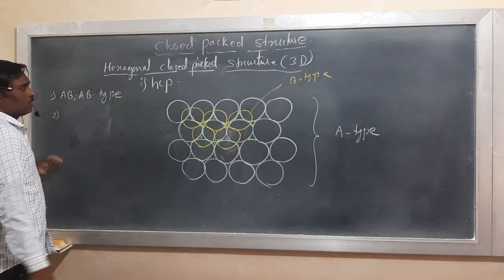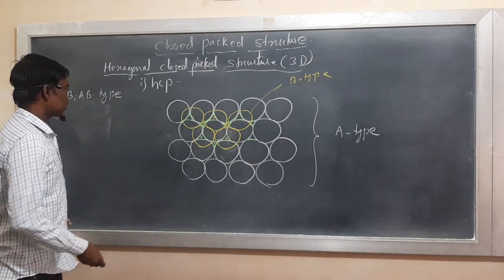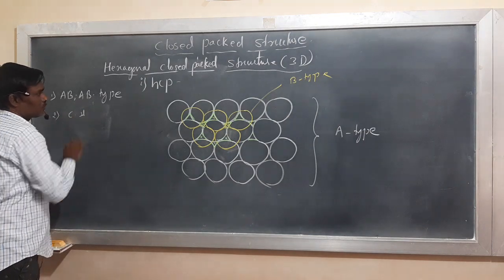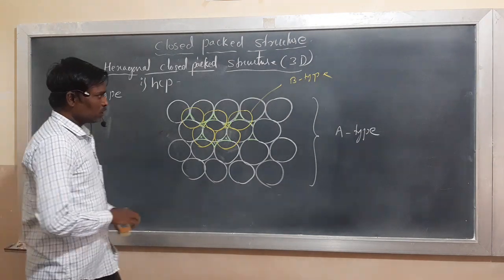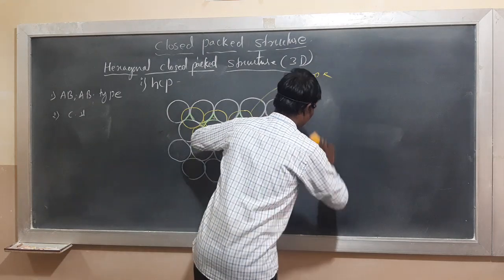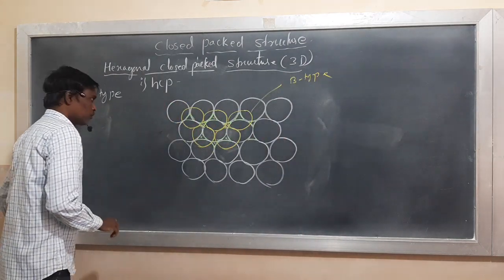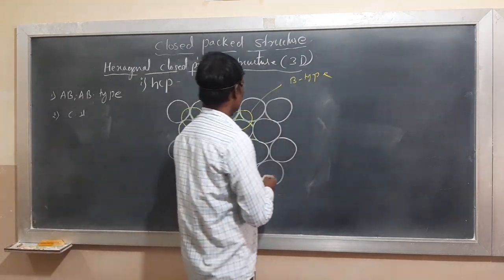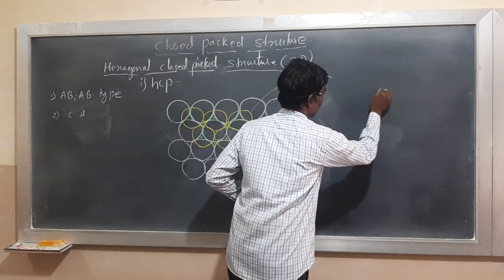Now, the second point is about the coordination number. For the coordination number, let me consider one small atom.